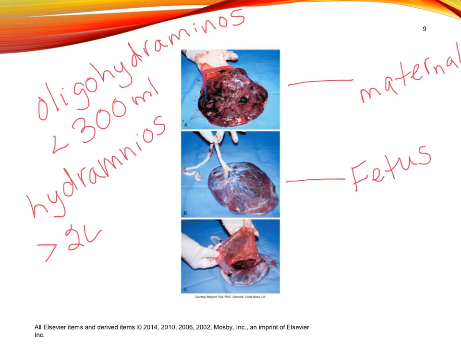So oligohydramnios, think kidney, renal, we are not putting out. So you can compare that to a renal failure patient. They don't put out a lot of urine if you're in renal failure. If you have hydramnios, think of your alcoholic patients with their big paracentesis, swollen bellies, and GI issues could be a concern.